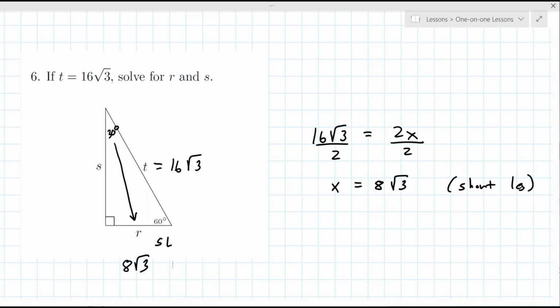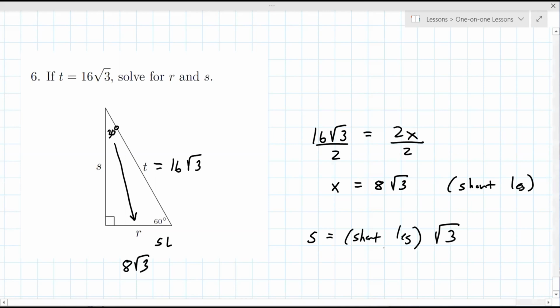The thing I think you stumbled upon the last time we did it is that they could have square root 3's anywhere. It doesn't have to just be the long leg. And we're going to see that now, because the long leg S is the short leg times the square root of 3.